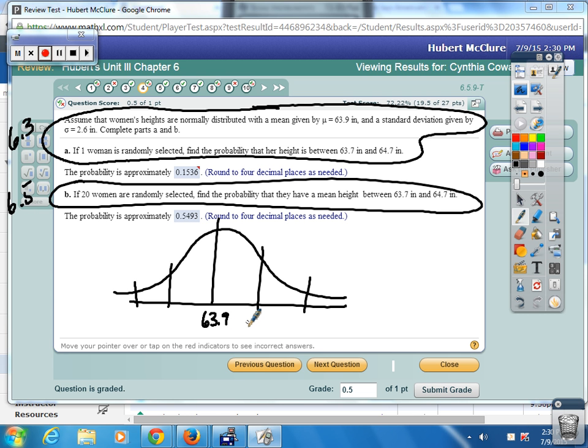And I have no idea. 65, 66.5. Might help me. 60. And then the next one is 69.4.